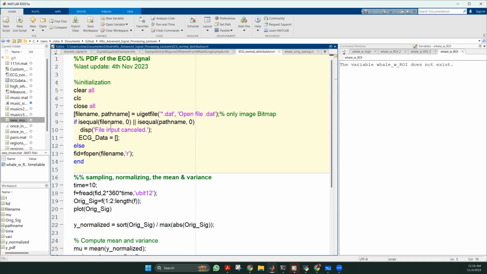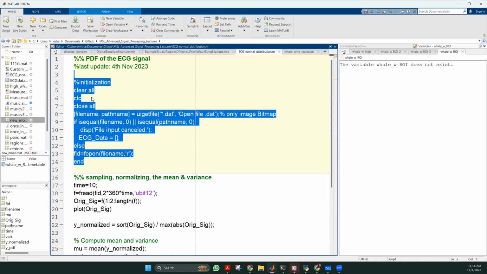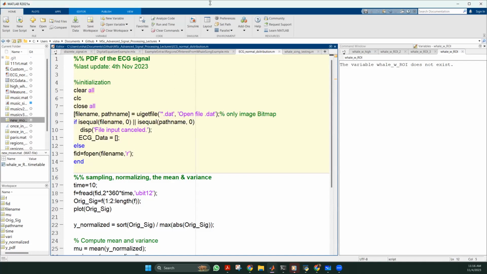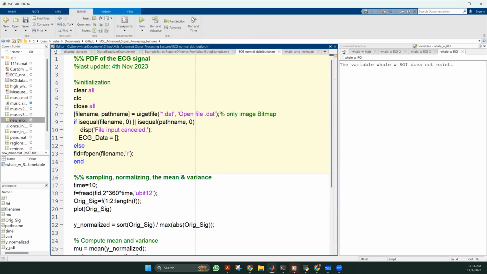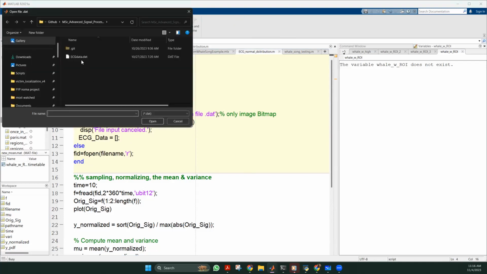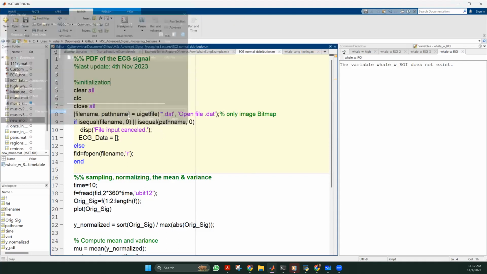I'm first getting an ECG signal, and then I'm going to plot the ECG signal. So I will run this program, and then I will be asked to give the ECG data. This ECG data I can find on the internet as a data file. As I remember, I went to a link on a website where I was able to find the ECG signal, and it was in the data file format.